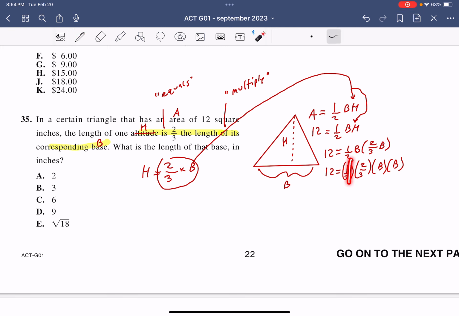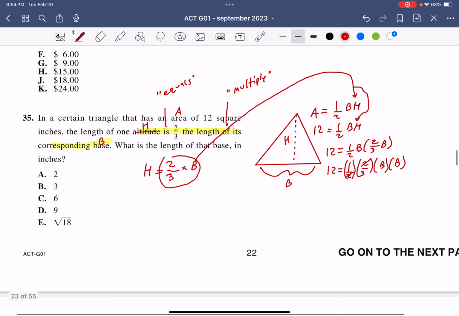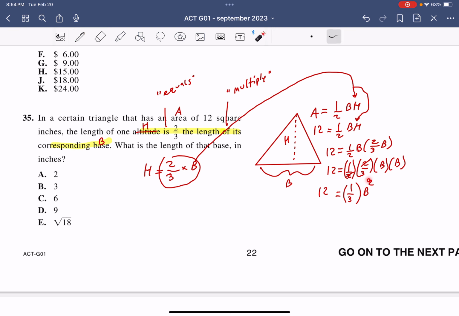So 1/2 times 2/3 is just 2/6, or you could start by just canceling those 2's. So 2/6 reduces to 1/3, and then B times B is B squared, and that is equal to 12. So now we need to solve for B. To get the B by itself, it has a square on it and a 1/3 on the outside that is multiplying it.